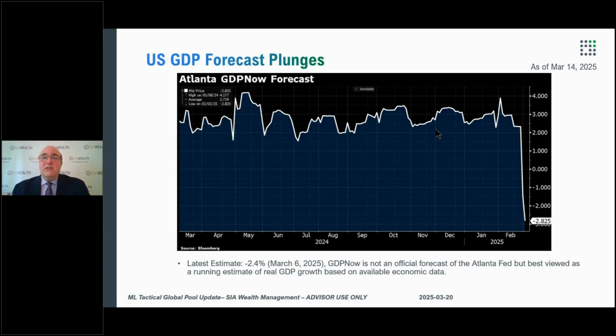Through 2024 and January it was pretty steady, but in the last few weeks it's gone off a cliff. It's indicative that perhaps there could be some bumps for the U.S. economy. There are tariffs, there's talk of trade wars, there are dramatic decreases in government spending, and those could have an impact on the economy over, say, the next 6 to 9 months.